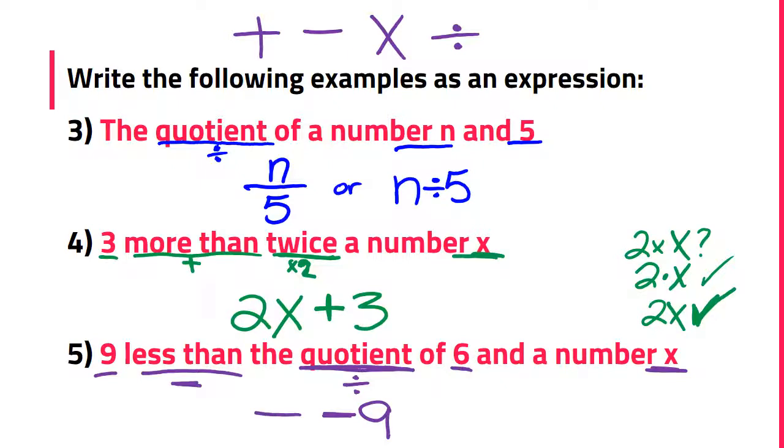From the quotient of 6 and the number x. So 6 divided by x, subtract 9. Let's go through that one more time. 9 less than the quotient of 6 and x. When we're dividing, we're just going to read that in order. If 6 comes first, it goes on top. X comes second, it goes on bottom.